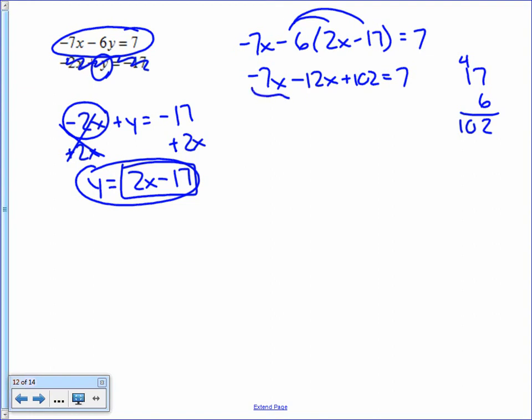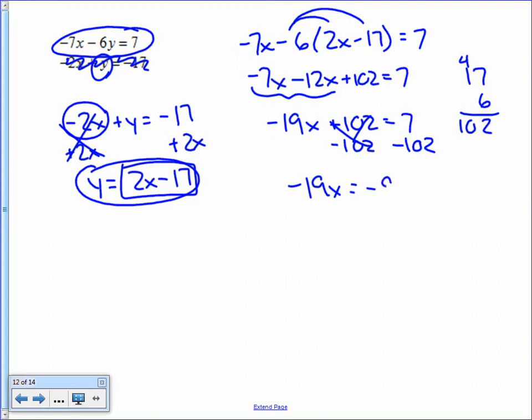So we got negative 7x minus 12x, that's going to be a negative 19x plus 102, and that equals 7. Let's subtract 102 from both sides. So I'm going to get a negative 19x equals a negative 95.